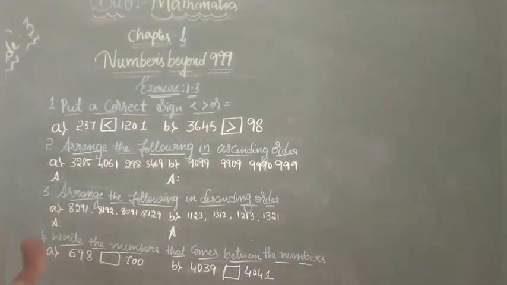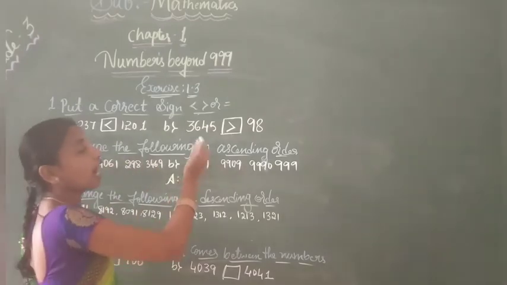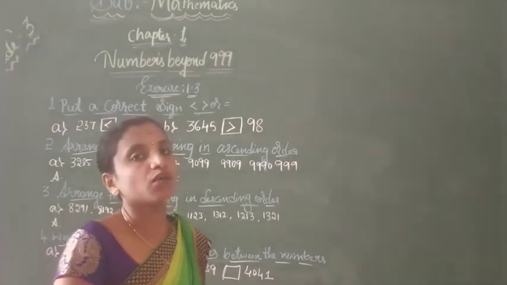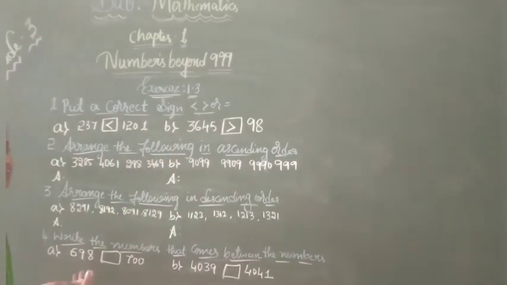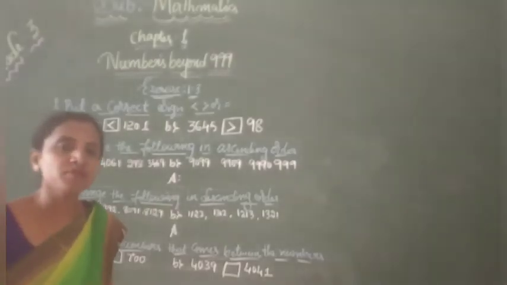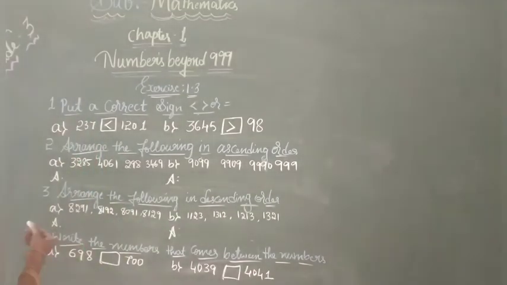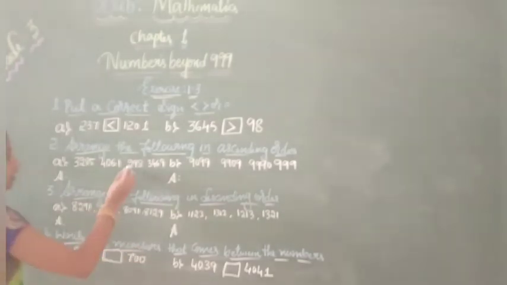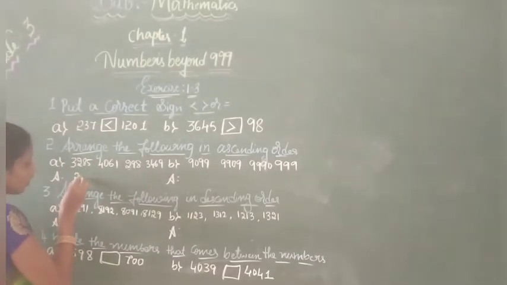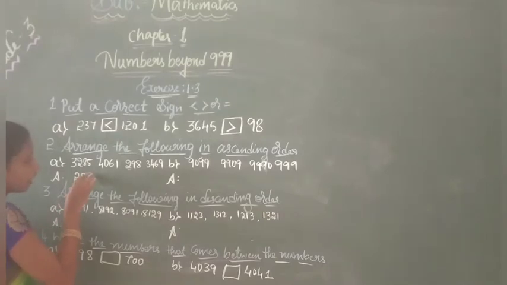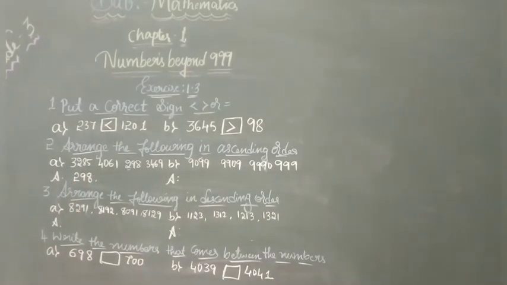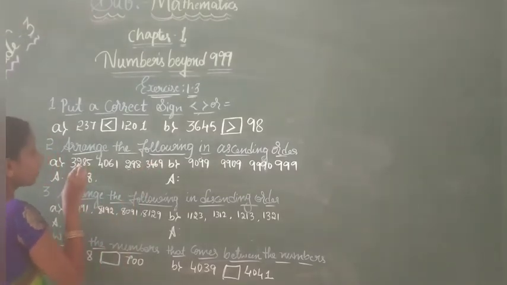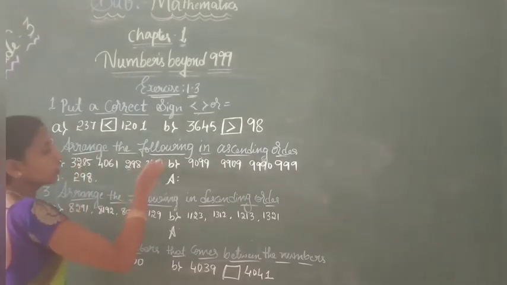Next, secondly, arrange the following in ascending order. Ascending order means writing the numbers from smaller to bigger. Come on, write with me. Which is the smallest number? Here is 4.